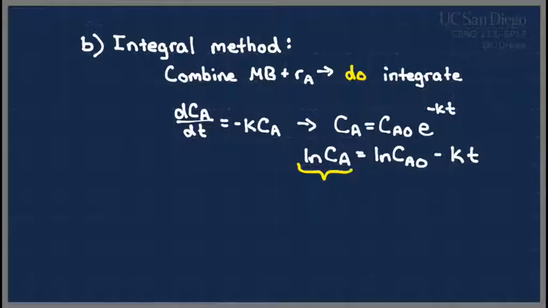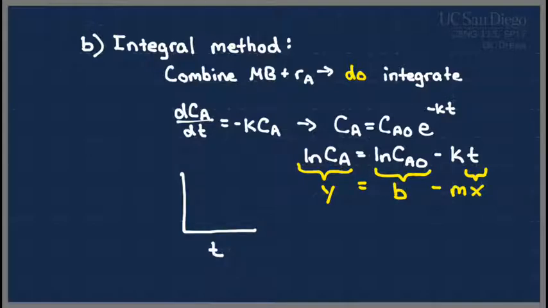And so now this looks like y. This looks like my intercept b. The t parameter that I have over here looks like x, and my slope is k or m or something like that.